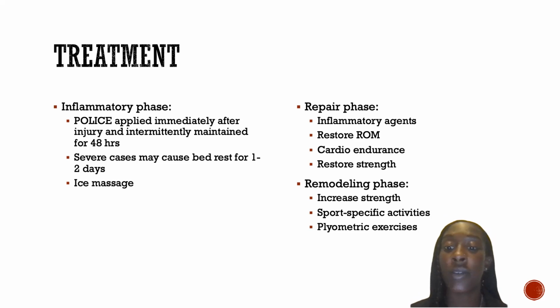And then once we get into the remodeling phase, we're going to increase those same specific exercises and get back into sport-specific activities, whether that's using the ladder for basketball or football for some quick movement, or doing shuffles or shuttle runs.